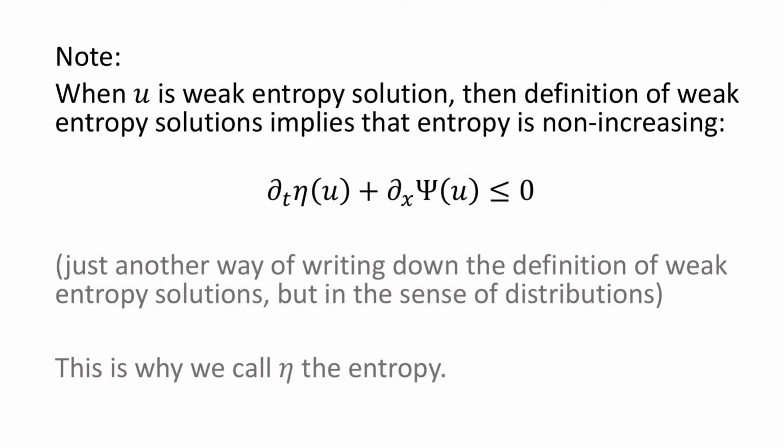When u is a weak entropy solution, then the definition of weak entropy solutions implies that the entropy is non-increasing in a distributional sense, that is, t derivative of eta of u plus x derivative of psi of u is less than or equal to 0. And that is just another way of writing down the definition of weak entropy solutions, but in the sense of distributions. And that is why we call eta the entropy associated with the function u.